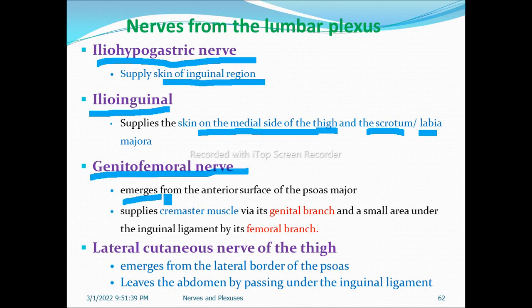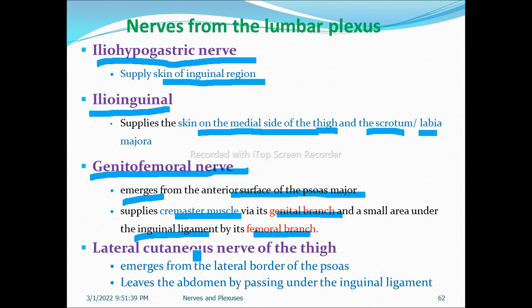This emerges from the anterior surface of psoas major, in other words pierces the anterior surface of the psoas major muscle. Genitofemoral nerve supplies the cremasteric muscle via the genital branch, and supplies a small area under the inguinal ligament by the femoral branch. So genitofemoral nerve has two branches, genital branch and femoral branch.